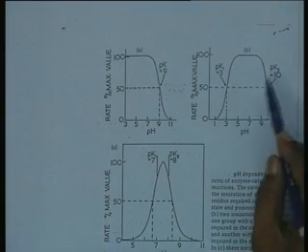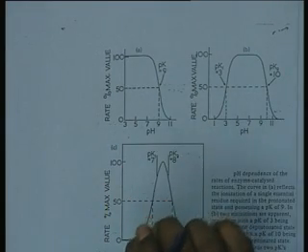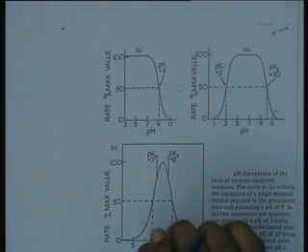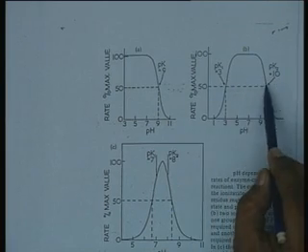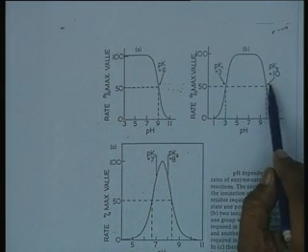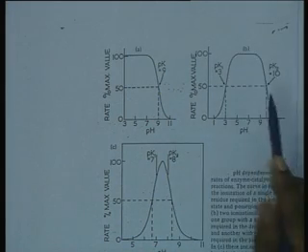This probably reflects the presence of 2 ionizable amino acid residues, one acidic and one basic, at the enzyme active site, with pK 3 and pK 10. This is the typical profile you get.